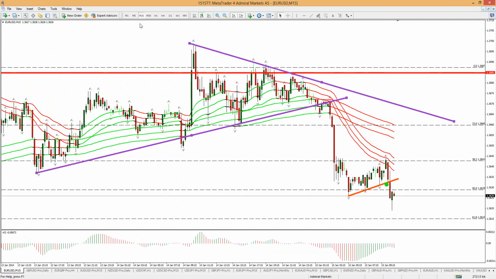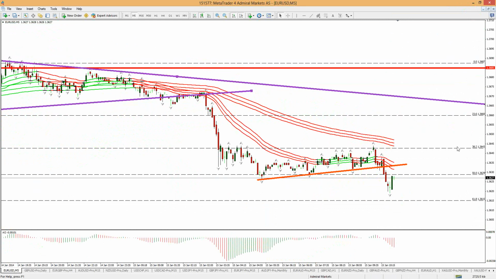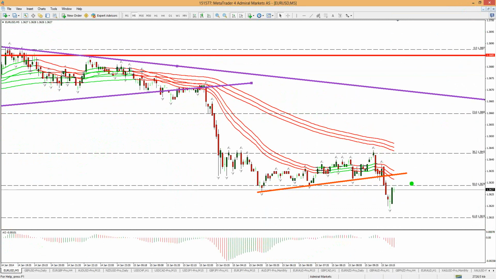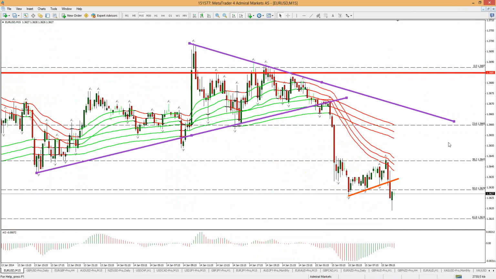Let me take a look at the 5. You know, this could easily be, yeah, I would be more tempted to see a bit more downside, but let's see. This could be a hook back for more. Then again, there's also divergence here, so that's always a bit difficult with 15.